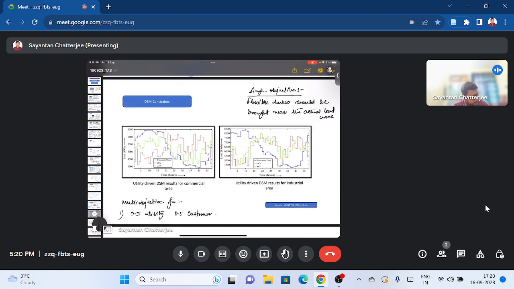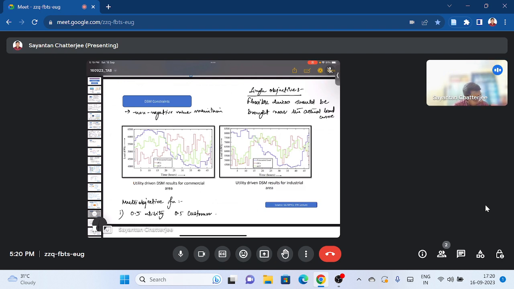Here we have the various kinds of constraints also, like the device non-negative value being maintained. So this thing needs to be done.